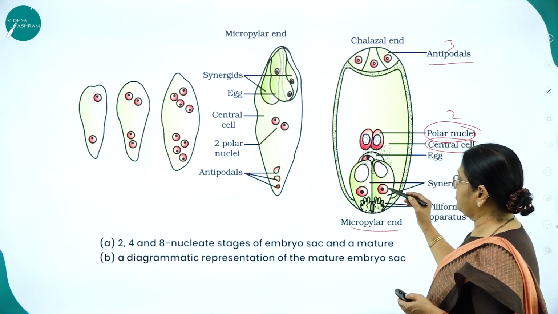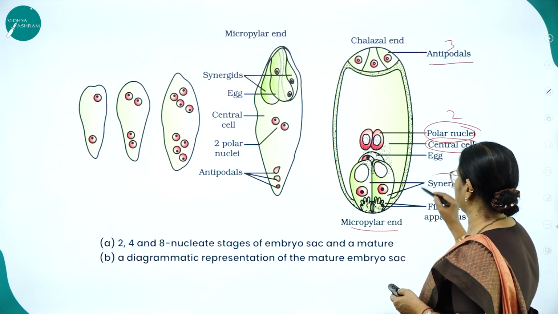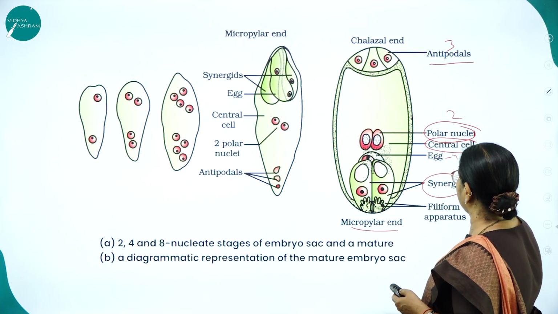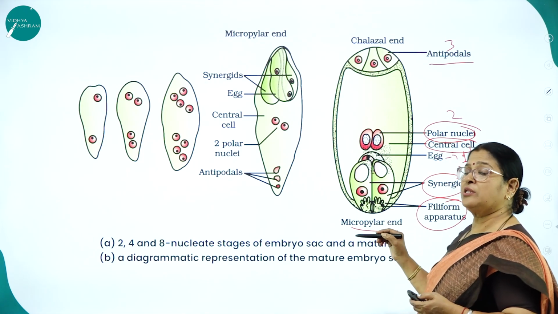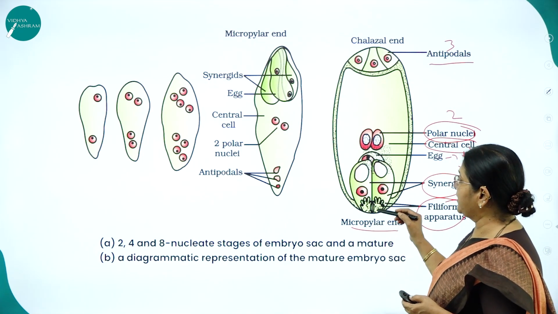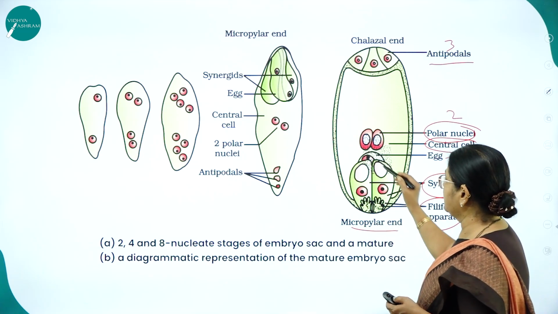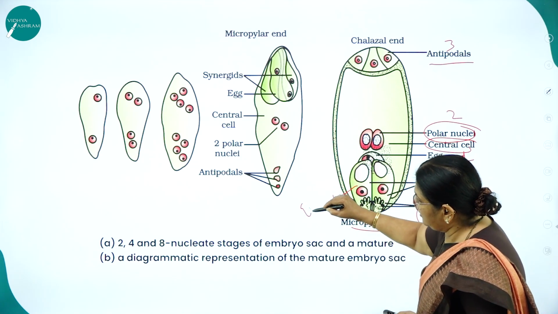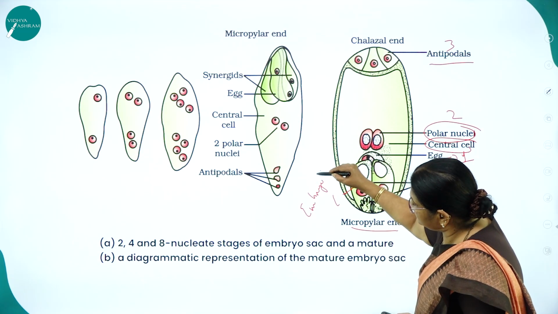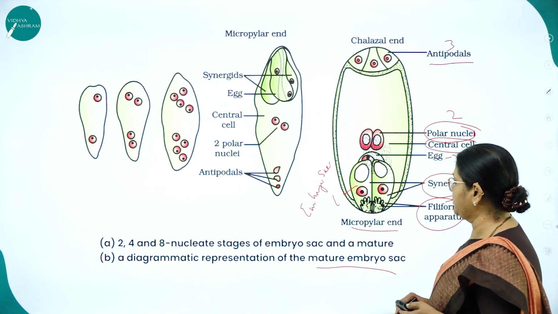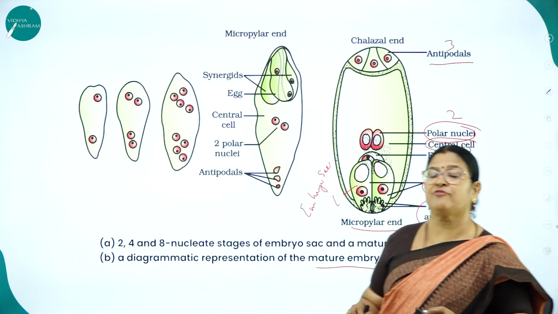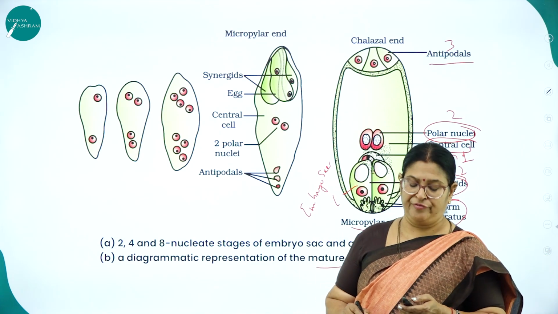Towards the micropylar end, there are 3 cells, where 2 are synergids and 1 is the egg cell. And this is the filiform apparatus which will facilitate the pollen tube carrying the male gamete to take its entry into the embryo sac. This whole unit you call the embryo sac. So this is the diagrammatic representation of a mature embryo sac. This diagram is very important from the examination point of view.